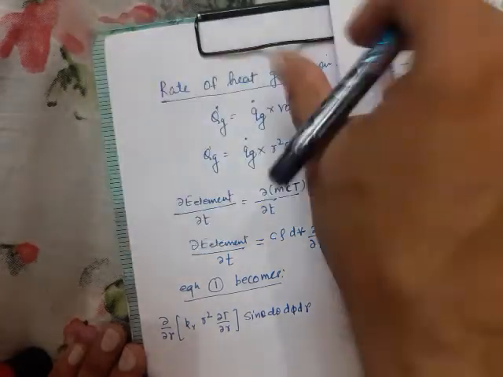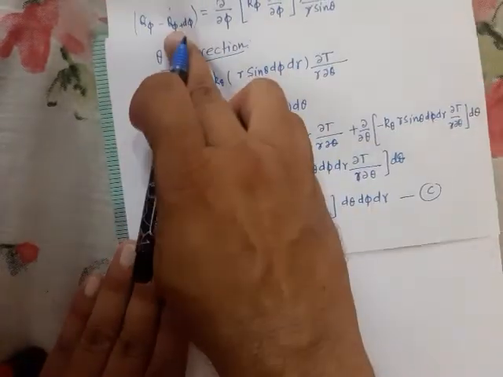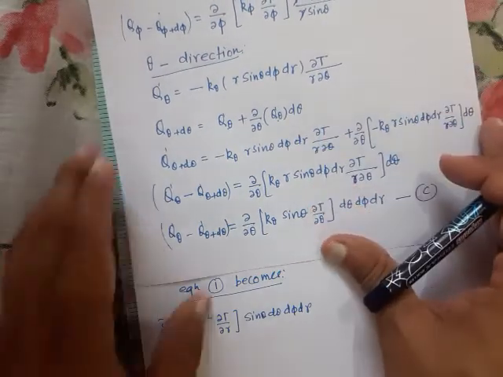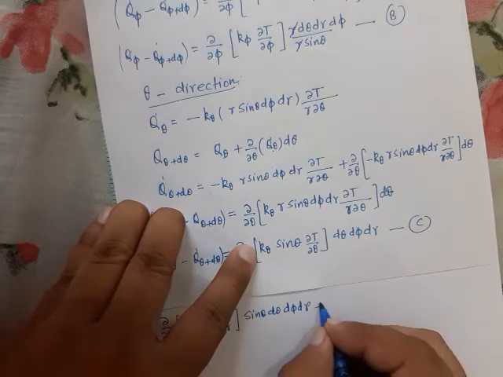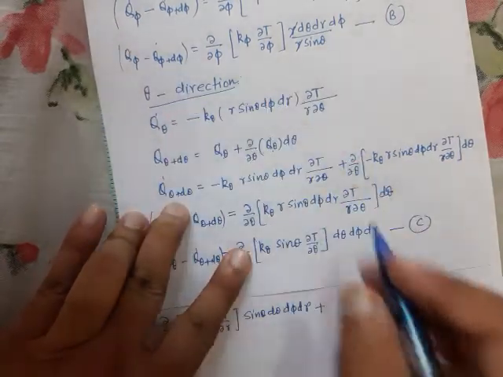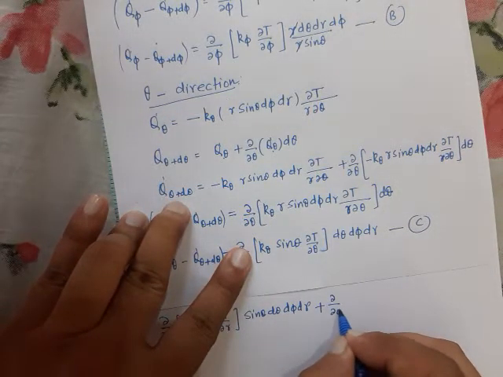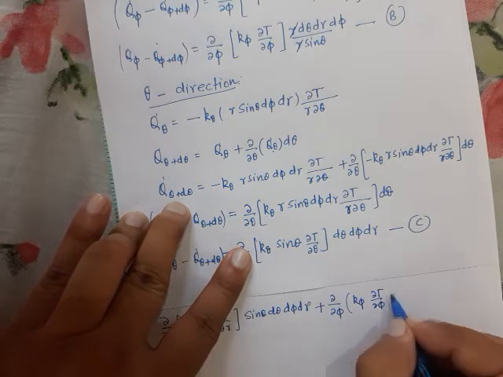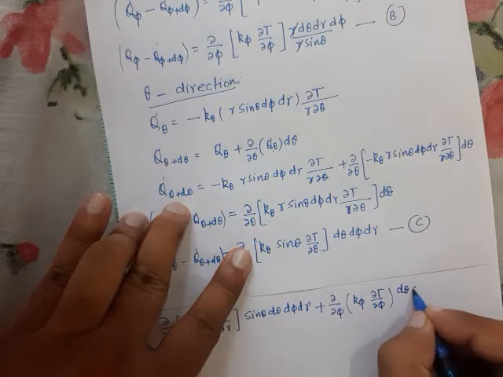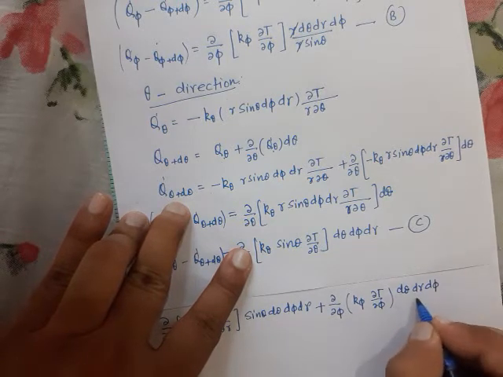Now the value of q phi minus q phi plus d phi, this is the value over here. Let me write this value plus this value from equation B, which is del upon del phi k phi del T upon del phi d theta dr d phi on sine theta.